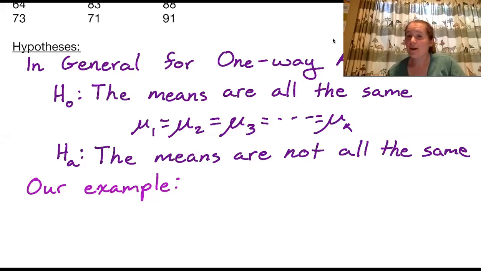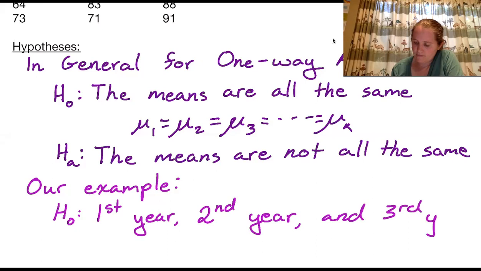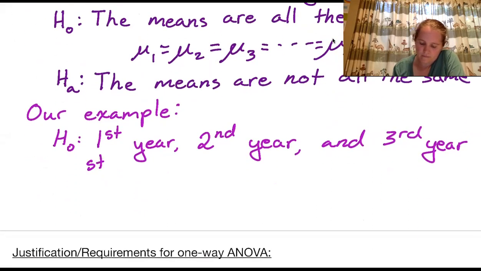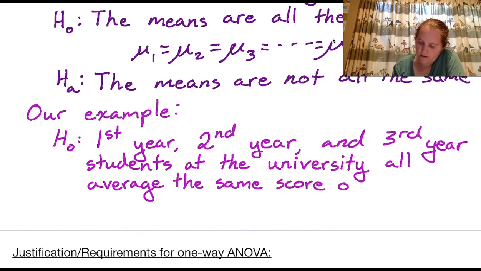Computer's now charging. So for our example, our null hypothesis would essentially be that first year, second year, and third year students at the university all average the same score on the study skills exam.